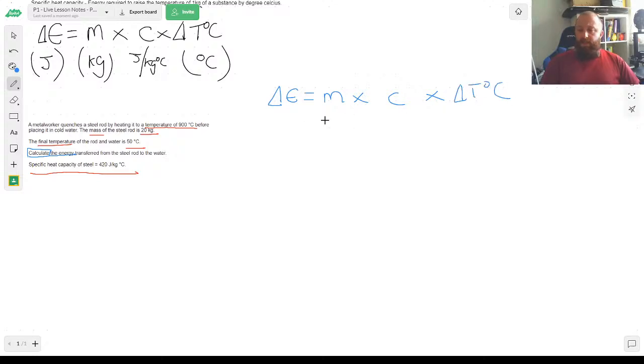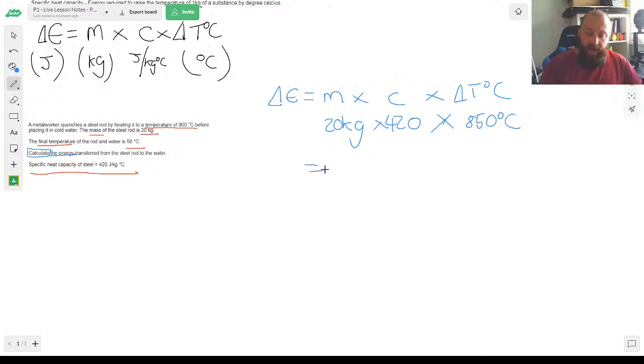So the mass is 20 kilograms, specific heat capacity is 420. Change in temperature, going from 900 to 50, is 850 degrees Celsius.